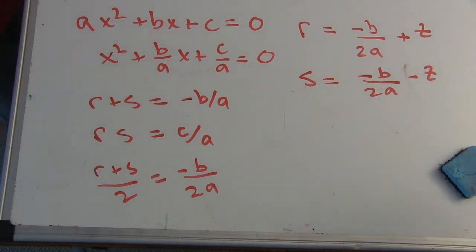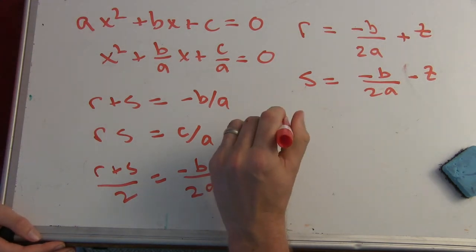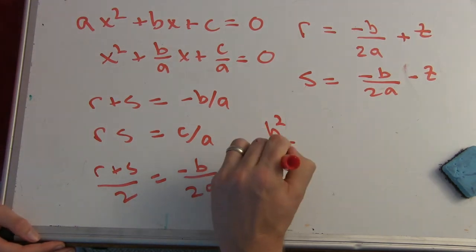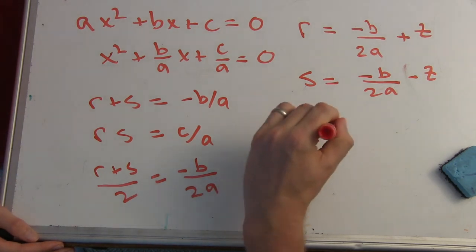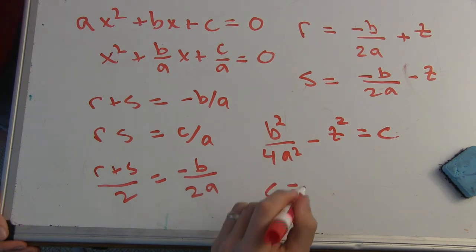Okay. And so now that we have this relationship for the amount above and below the average, what do we do? We can put it back into this equation here. So we do the product, and what is the product? R times S here. We get b squared over 4a squared minus z squared equals c over a.